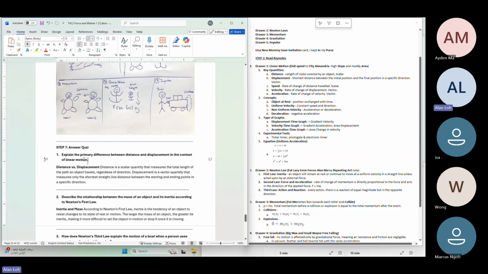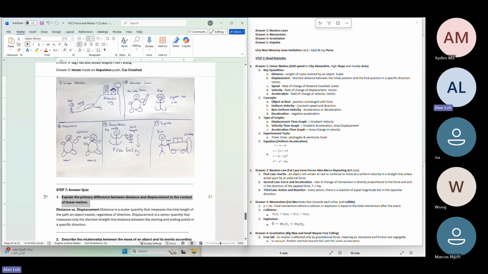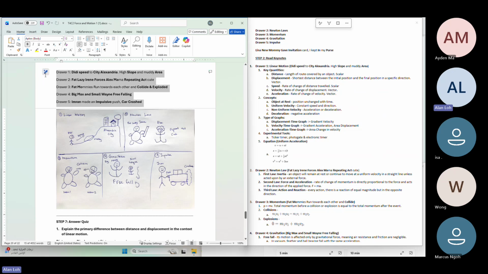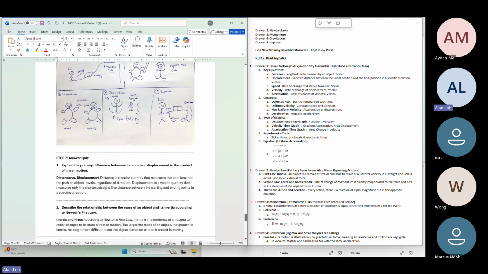That's the first thing that you need to do: read the question and ask yourself which drawer this is, using the resources that you have in front of you, which are the pictures, the drawings, and also the stories of the drawings. Number 2, before you read the answer, in your brain, formulate some answers.